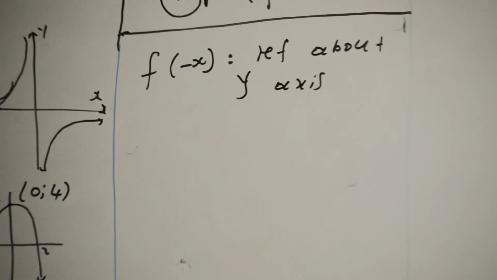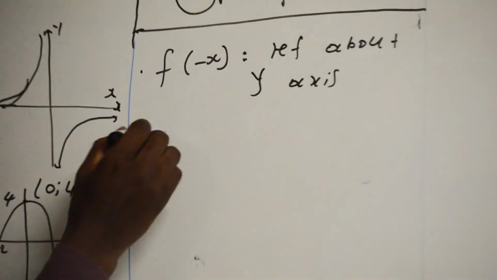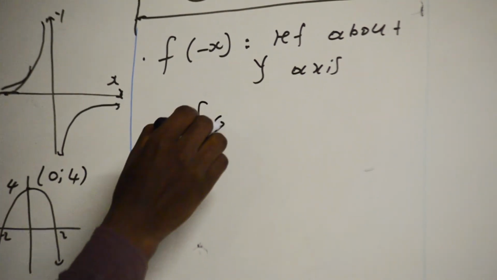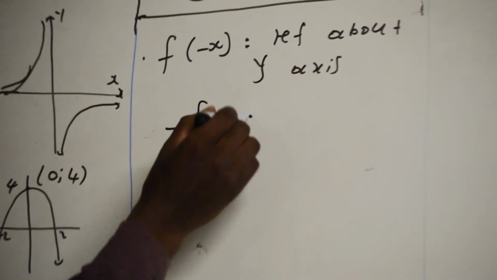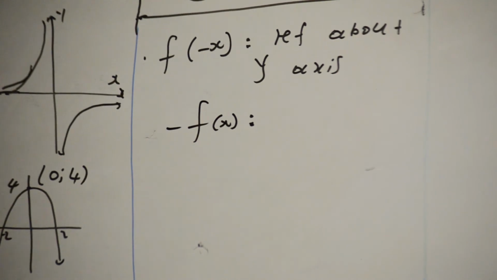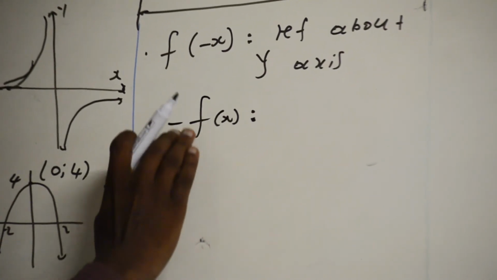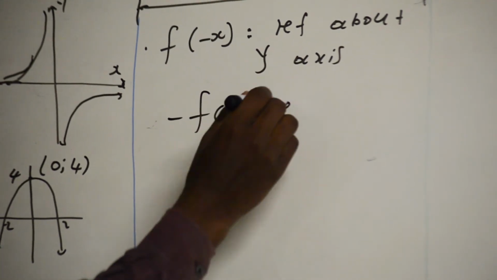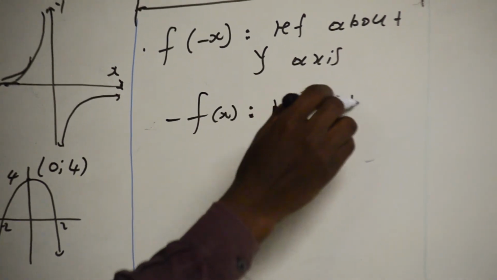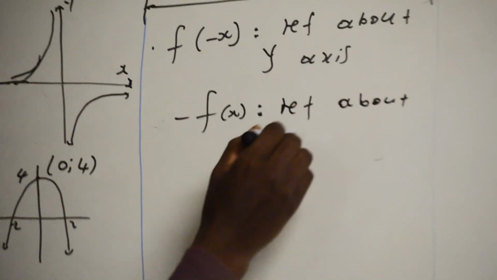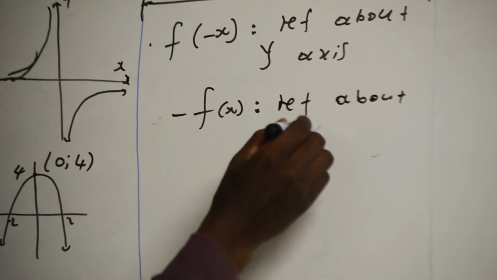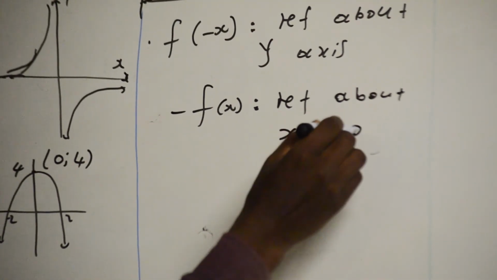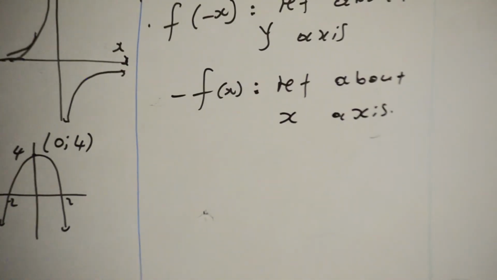The same method, even if it says minus f of x. So the transformation ends there, and your f is now reflected about the x-axis, because there is nothing that makes y negative other than a reflection about the x-axis.